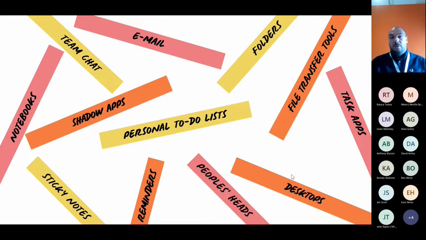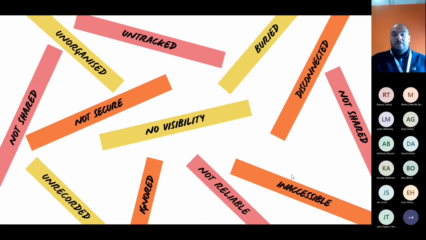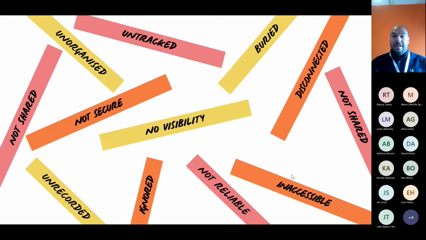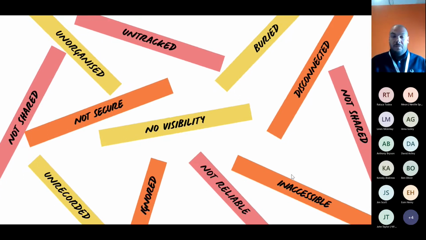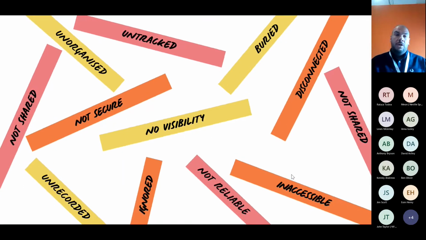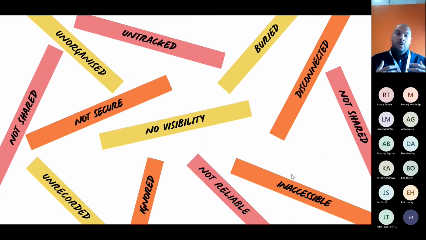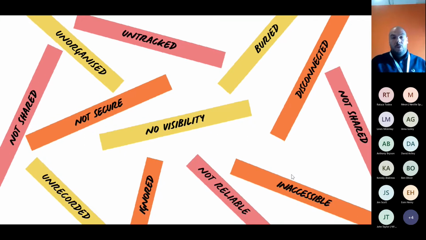And today we're just going to focus on one of those, which is email. Now, all of those things are currently untracked, buried, disconnected, maybe sitting in someone's inbox, for example, that might have left the business. All key communication that may be happening with a customer and or a vendor that you really want to be visible to your whole team.